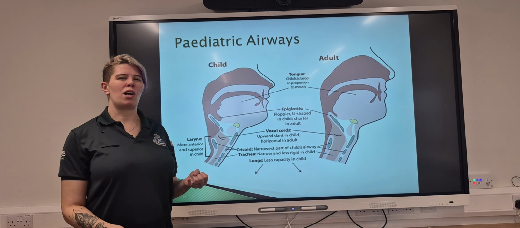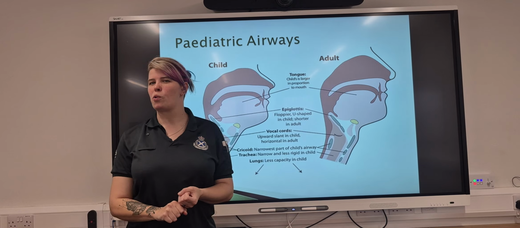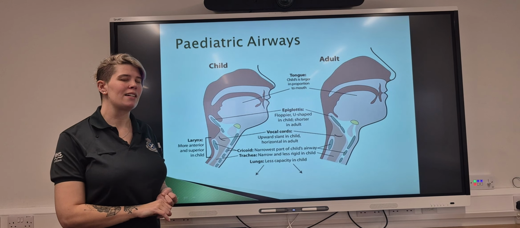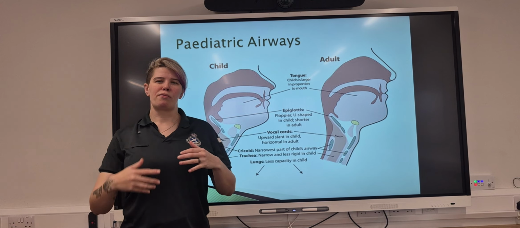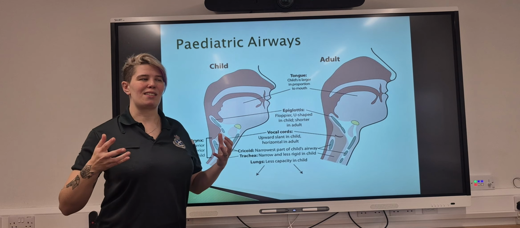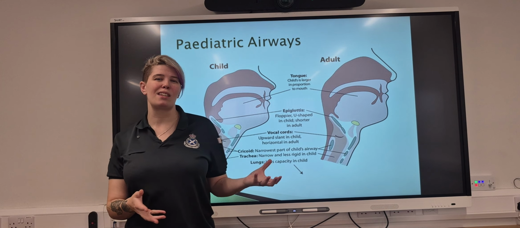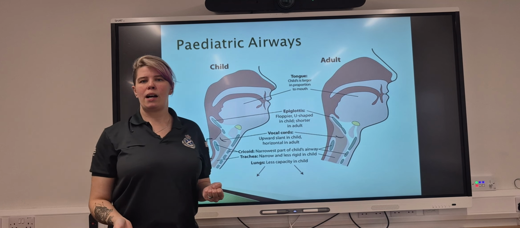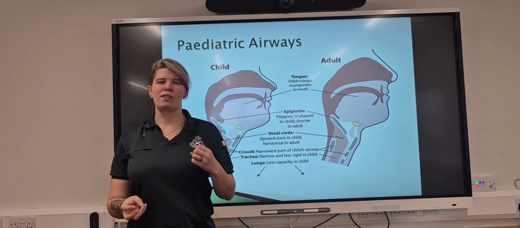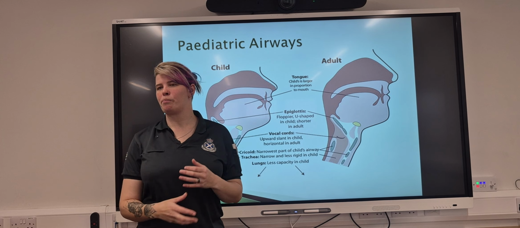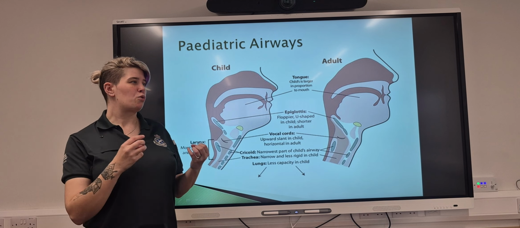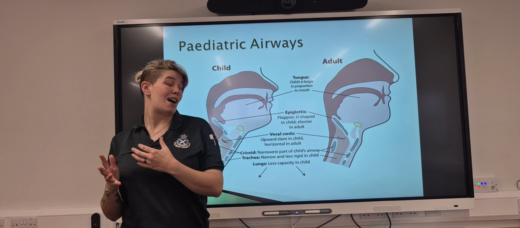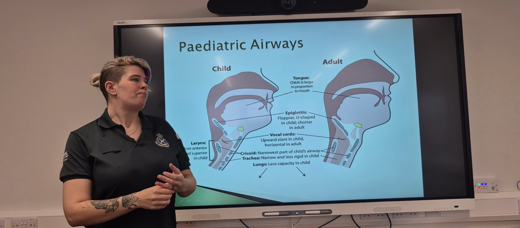So if you hear a child that has like a barking cough, or you have something called stridor, these are all resulting from infections that, as I say, for an adult we wouldn't be overly concerned about, but for a child, because their airways are a lot narrower, we're going to be more concerned for things like swelling because of infection, because that swelling is going to have far more of an impact more quickly.